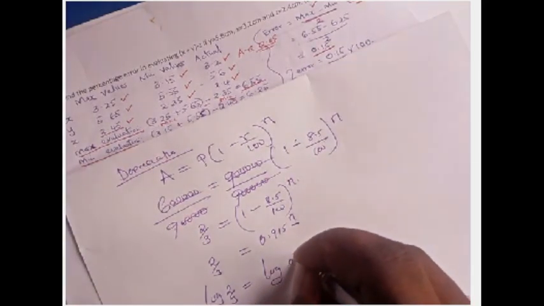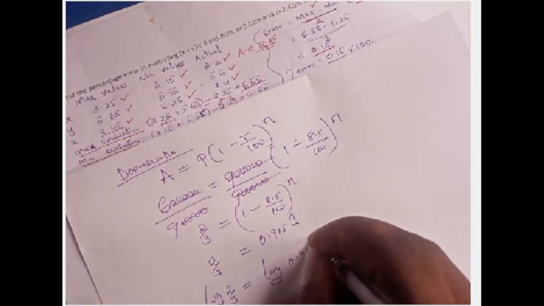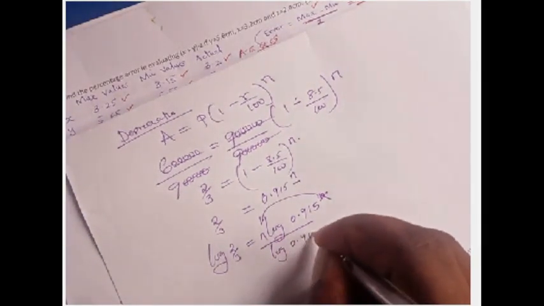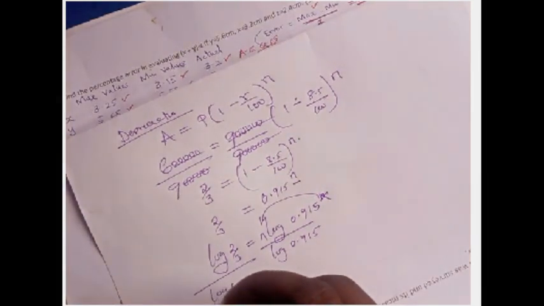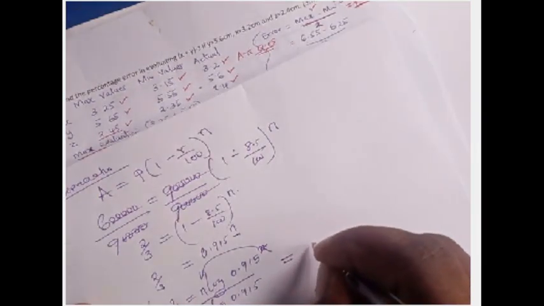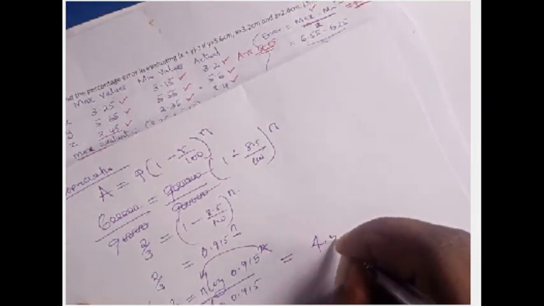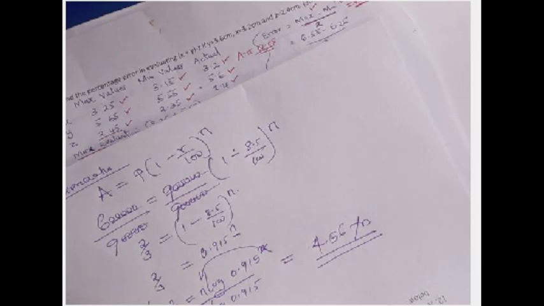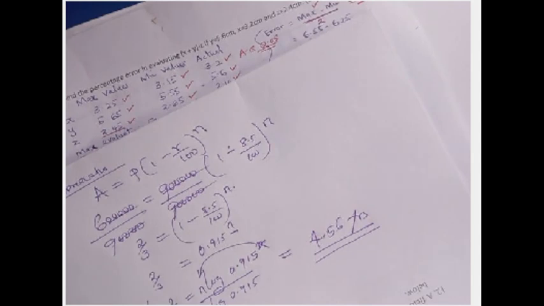So we say the logarithm of 2 over 3 is equal to the logarithm of 0.915, and this n comes here. Then we divide by the logarithm of 0.915, so n equals the logarithm of 2 over 3 over the logarithm of 0.915, and this gives us 4.56 years.